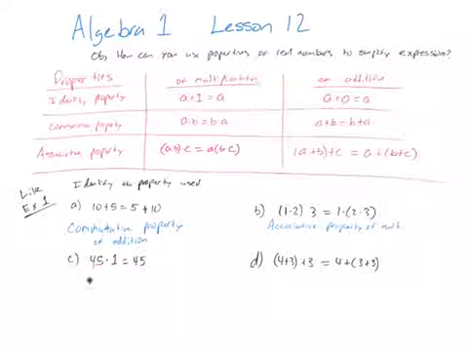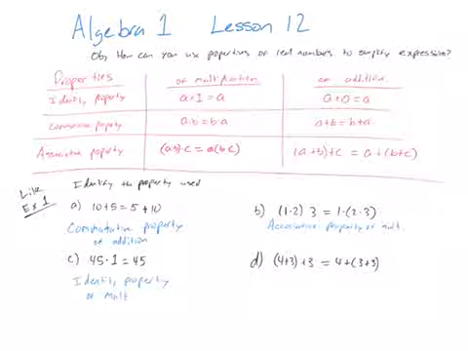Alright, looking here at C, it says 45 times 1 is equal to 45. Well, notice it started with 45 and ended with 45. It's kind of like, hey, it's its own identity, and that's exactly what that is. It's the identity property of multiplication because we're dealing with multiplication there.